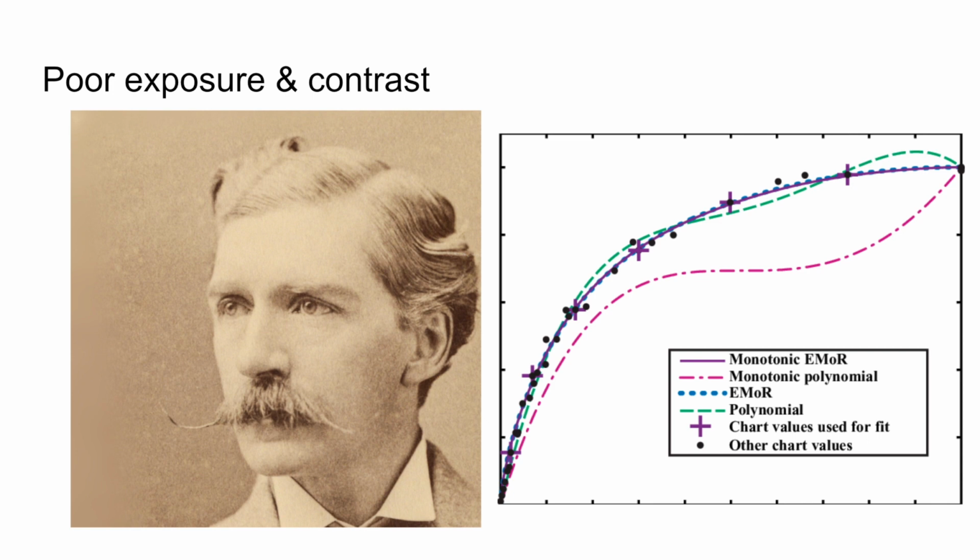One other problem we talked about is poor exposure and contrast. Again, if we just take our output and naively compare it to our input for the reconstruction loss, we will end up recovering these poor exposure and contrast features. So to avoid that, we need to know the camera response curve parameters, but these parameters are unknown.